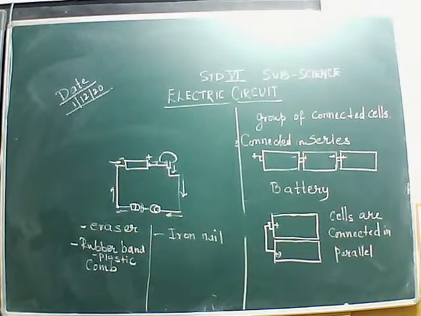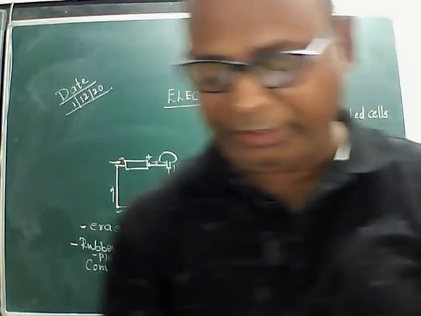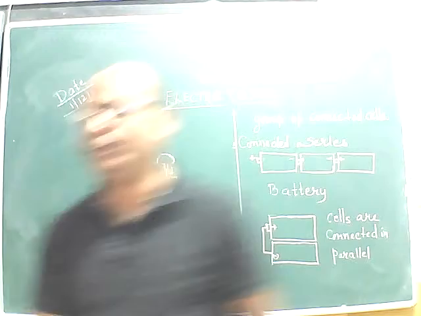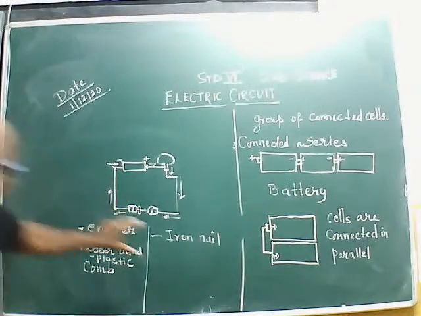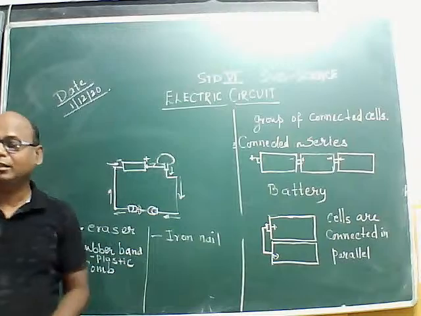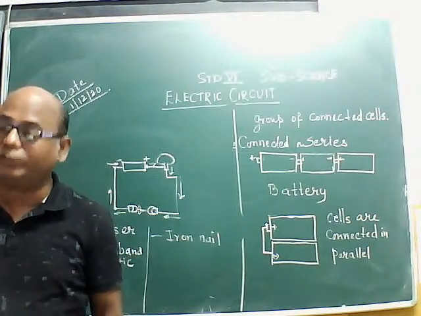Yes, it will blow. Very correct. Santosh wrote very correct. Tripathi wrote very correct. Very good, beta. Very nice. We find here the bulb will blow because this iron nail is a conductor. You studied in one of the chapters that metals are good conductors.